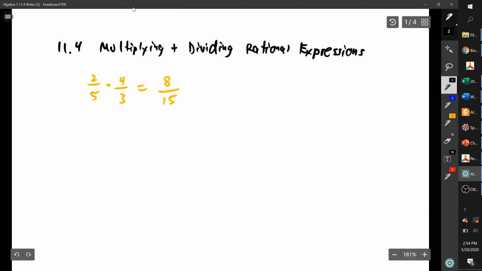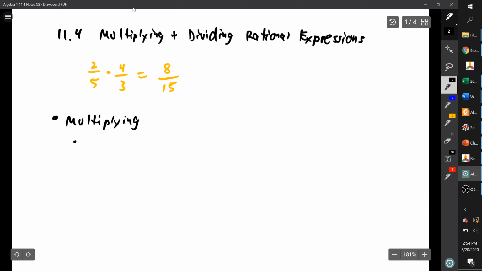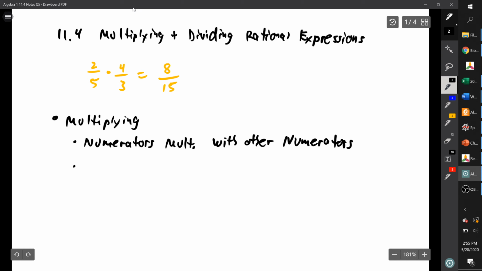All right, so to add some notes here, we could say multiplying. First, numerators multiply with other numerators. And then denominators multiply with other denominators.